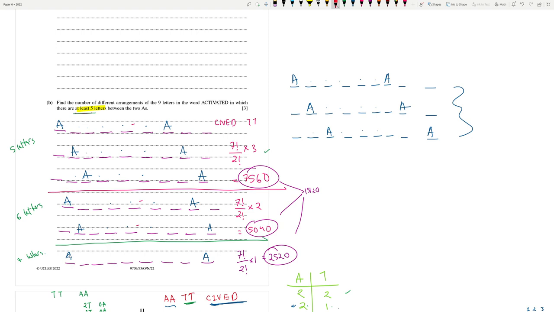So basically it's 7 factorial by 2 factorial times 3, because there are 3 arrangements for 5 letters in between. And here it's 7 factorial by 2 factorial times 2 for 6 letters in between. And here it's just 7 factorial by 2 factorial times 1. So after you add up these values, you get your final answer, which is 15120. See if that makes sense.